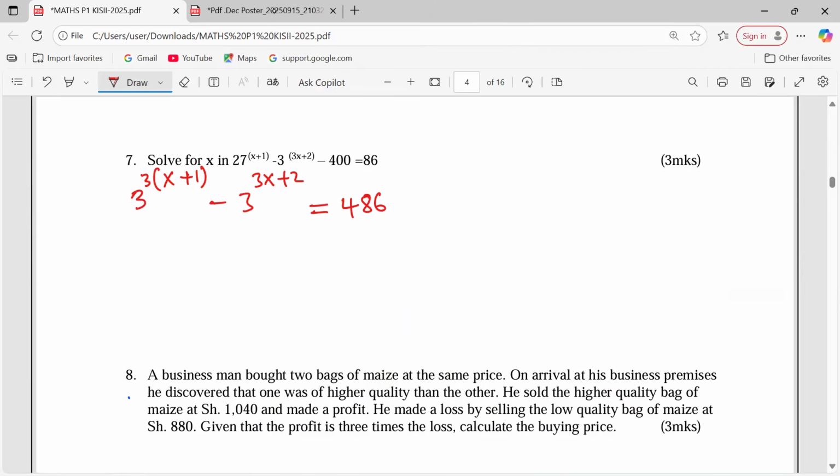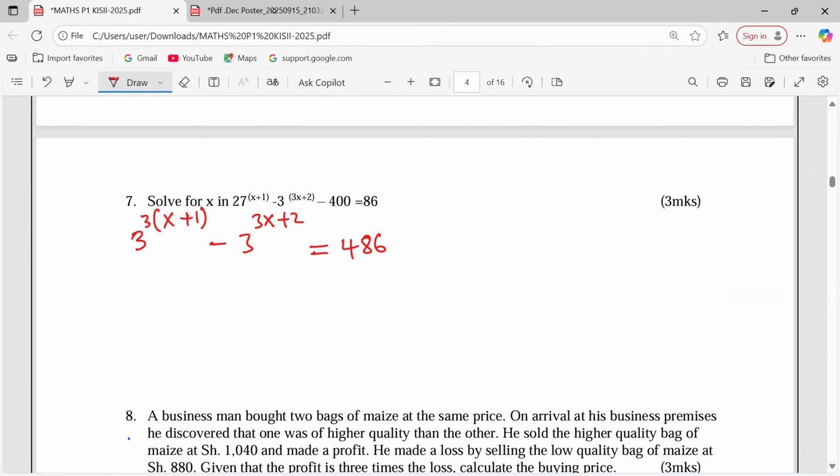For that matter, let's apply some laws of indices. We know very well that the product law allows us to open the bracket here and have 3 power 3x plus 3 minus 3 power 3x plus 2 equals 486.